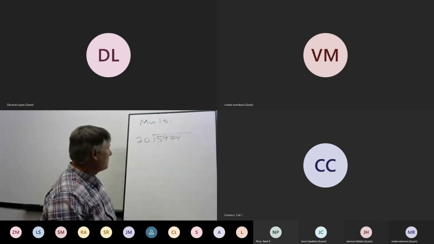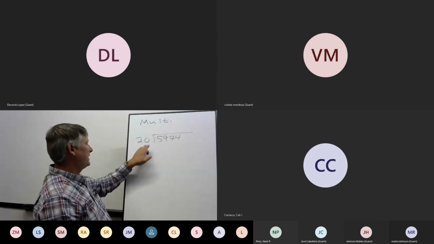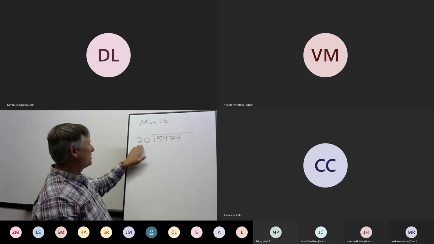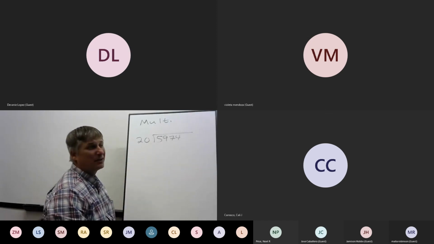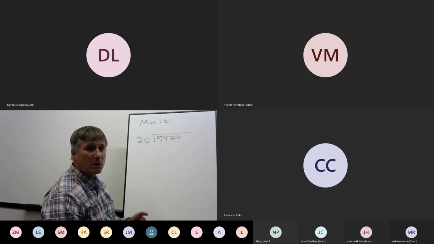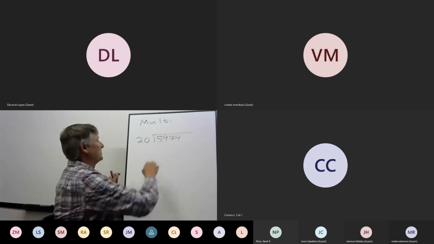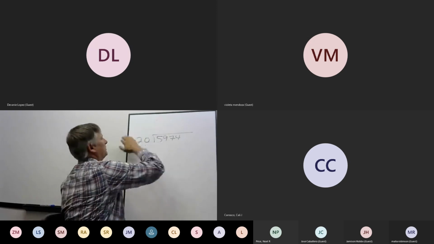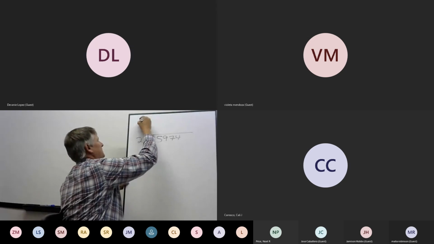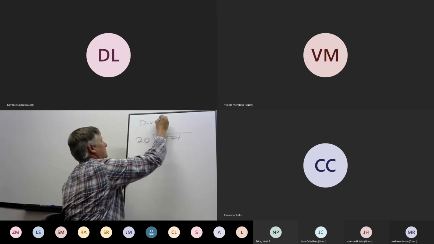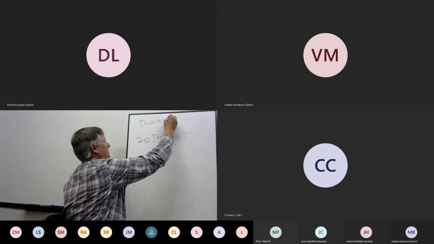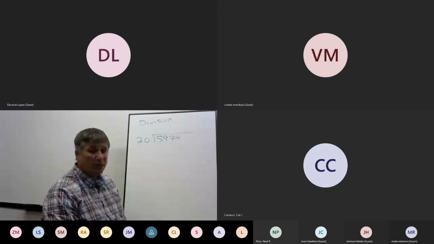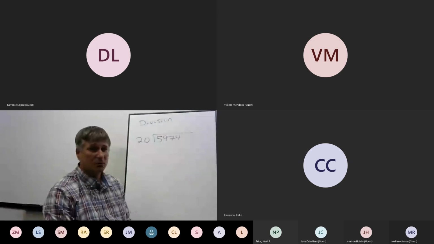So we take a look at this. 20 can't go into 5, but it could go into 59. It goes into 59 at most 2 times. Change this to division. So 20 goes into 59 at most 2 times.